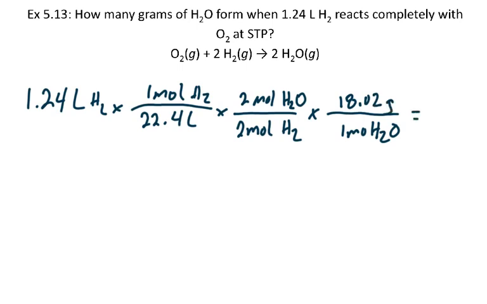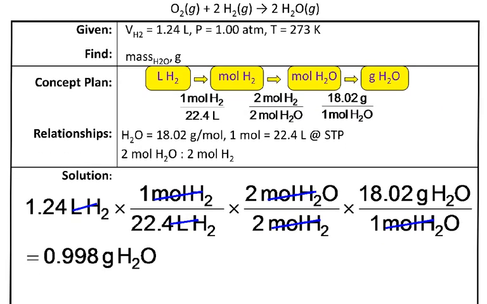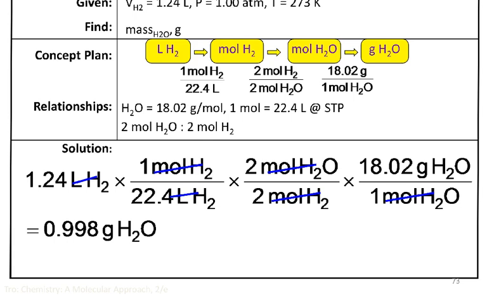That's just its molar mass. And we can multiply all of that out and get our answer. And we get a mass of 0.998 grams of water. And there's the whole thing worked out again.